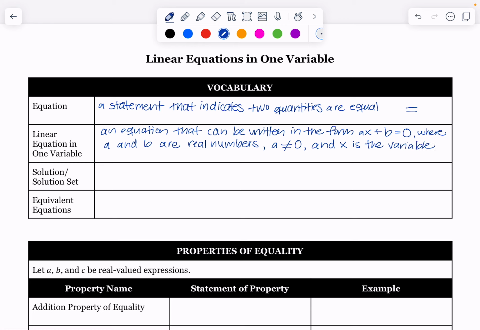Next, the solution or the solution set is a value or values that makes the equation a true statement.